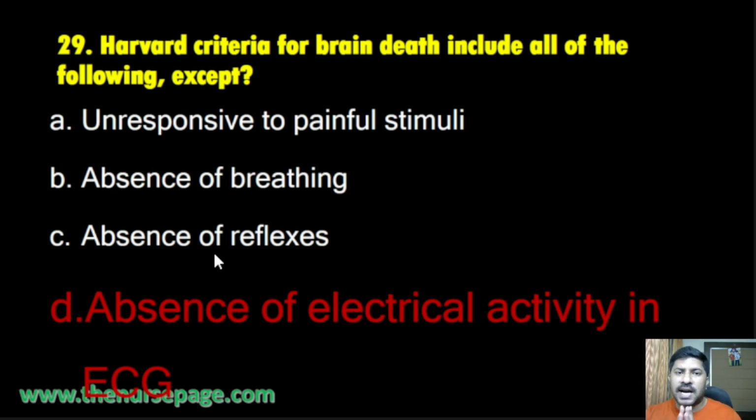And to confirm the brain death, the same test will be repeated after 24 hours. So if both tests give the same unresponsive to pain stimuli, absence of breathing, absence of reflexes, only then can we diagnose brain death.